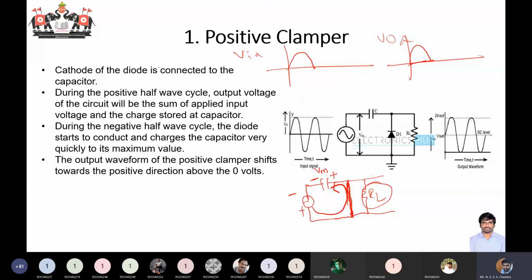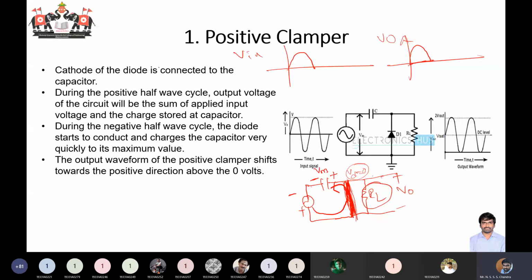Almost, this is equal to 0. If you have a diode voltage that is not 0, that voltage will appear. Here we are considering an ideal diode, so VD is equal to 0. This voltage only will appear across your output terminals. This is a short circuit voltage, and a short circuit voltage is equal to 0. So till this capacitor is charged to a value of Vm, your output will remain at 0.